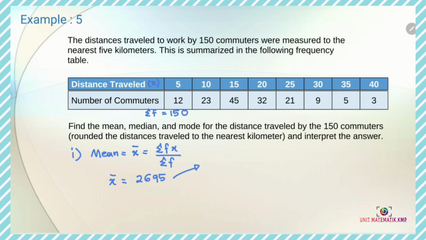Okay, how to get this 2695? You can see example 4 on how to get the value. And over total of f given in the question.